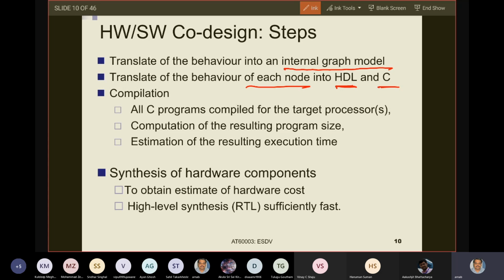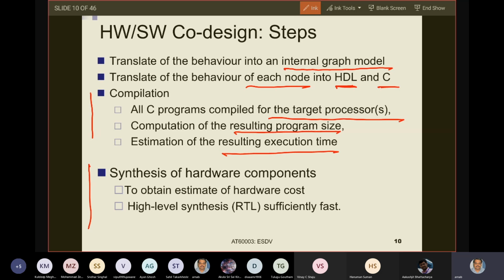So both you need to do. Then for each of those nodes, you compile as well as do hardware synthesis. So compile all C programs for the target processors available. Then you obtain the resulting program size, and it will give you an estimation of the resulting execution time.